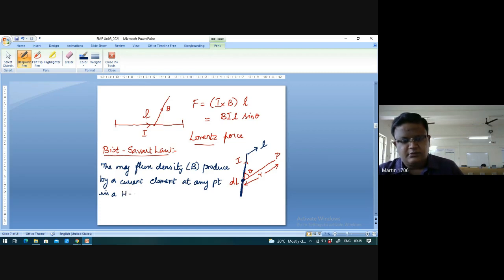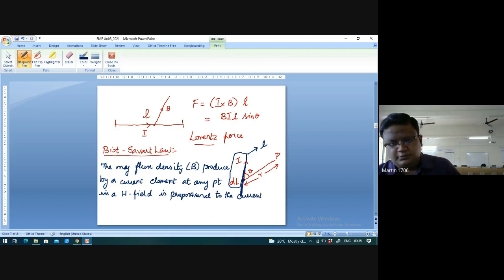Magnetic field is proportional to the current element, where the current element means IDL, and inversely proportional to the square of the distance between them.